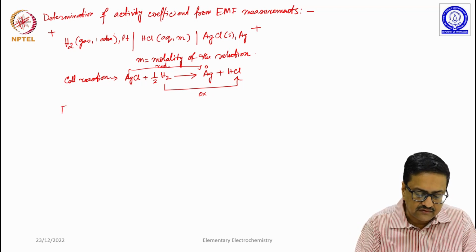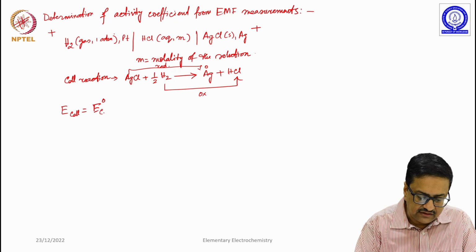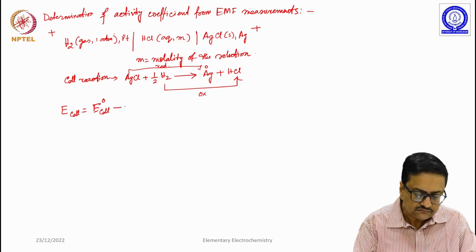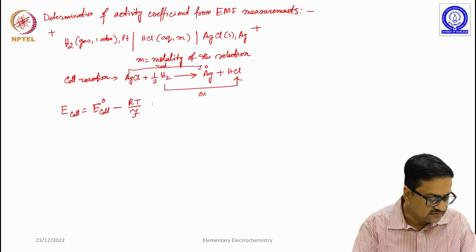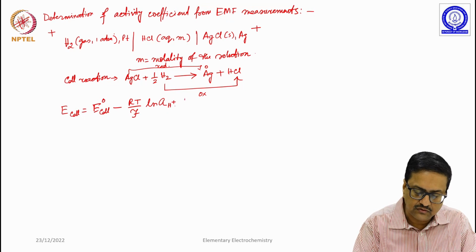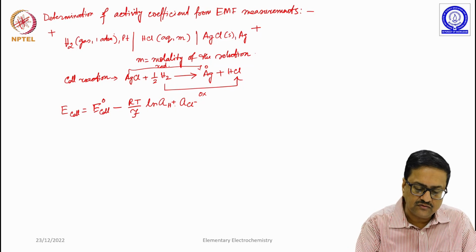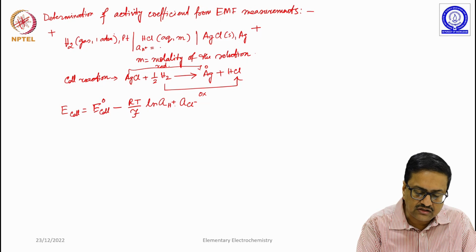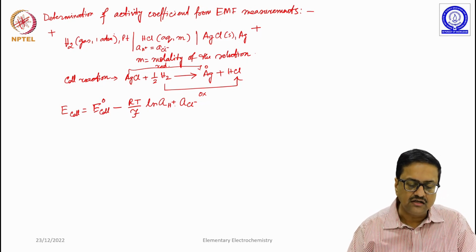So, when we write E cell, it is equal to E0 cell minus RT by F, it is 1 electron transfer, ln activity of H plus into activity of Cl minus. Now, this activity of H plus is equal to activity of Cl minus, because both are coming from HCl.